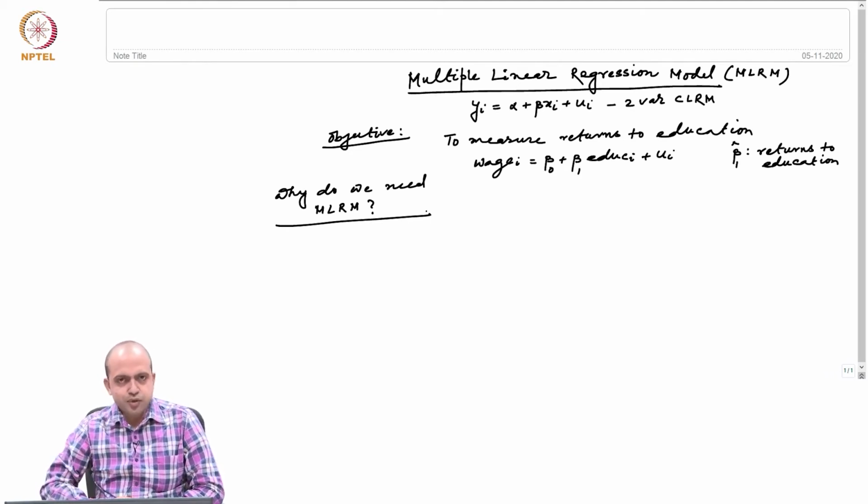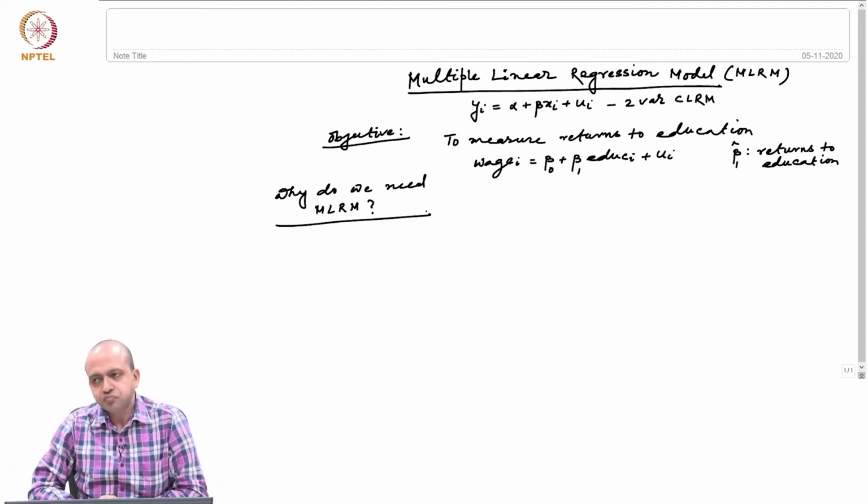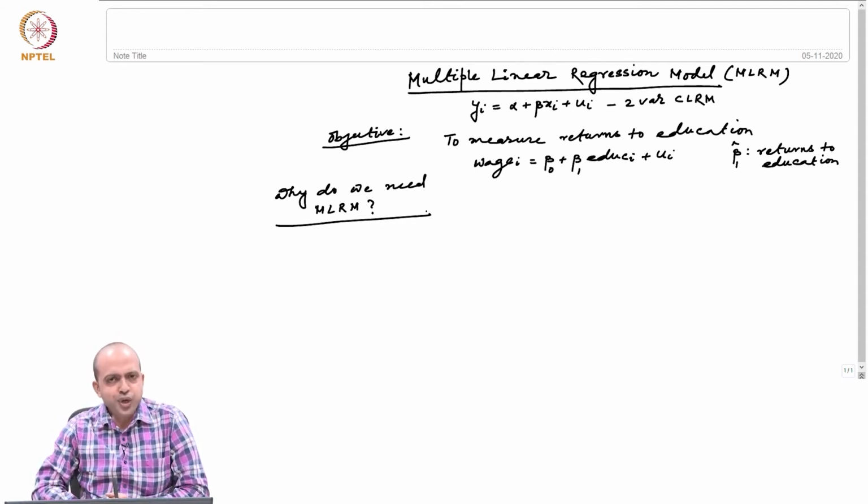Now, when our objective is to estimate the impact of education on wage, and if we specify this type of model, then we assume that the individuals are heterogeneous only in terms of education and they are homogeneous in terms of all other aspects, right.